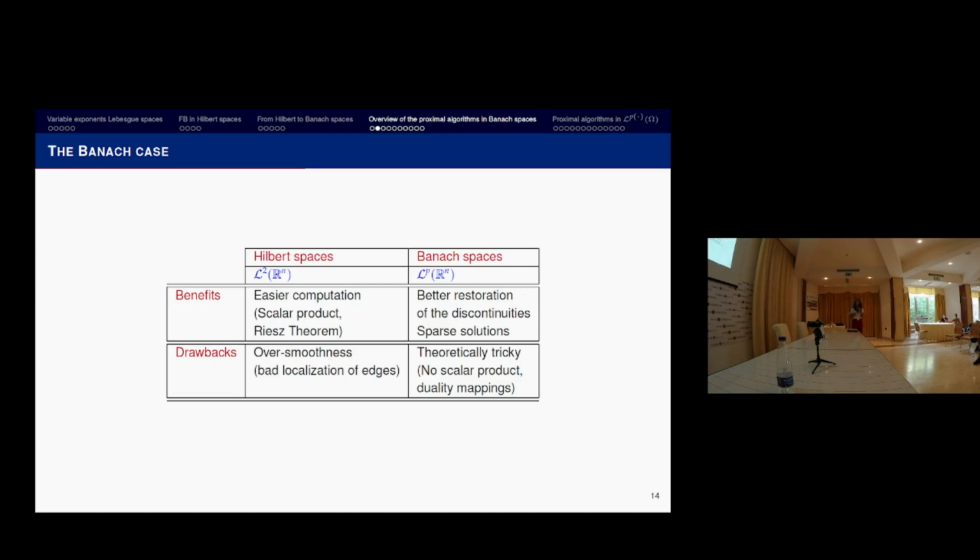We often come up with optimization problems of the kind we are trying to solve in inverse problems, and when we solve these problems in a Hilbert space, the solution is often too smooth and not sparse, and the discontinuities are difficult to retrieve, whilst the Banach spaces, even if they are more complicated to treat, reconstruct this type of discontinuity better.